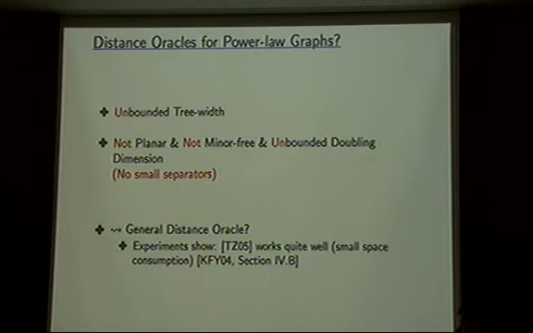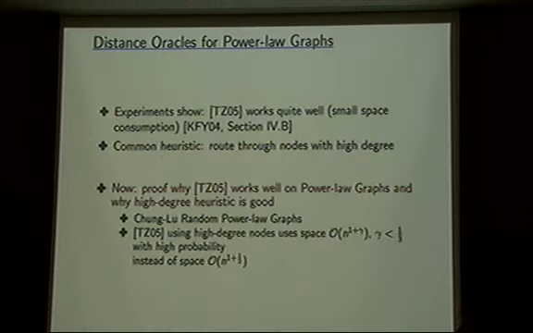And there has been experimental evidence that, indeed, the distance oracle by Thorup and Zwick works very well for these kind of networks. What do I mean by it works very well? Now, the space is actually much smaller than what you would expect from their bound. So recall that for stretch 3, what they needed was space n times square root n.